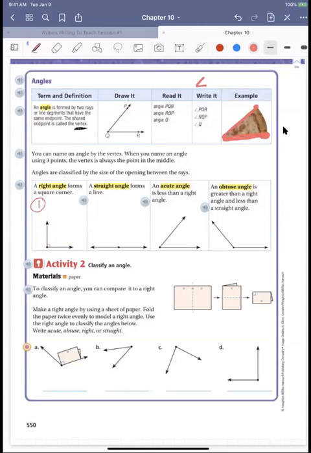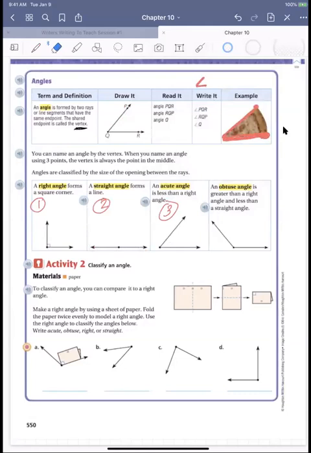Okay? The second one is a straight angle, and that forms a line. So you can see it just goes straight across. Third is an acute angle. An acute angle is less than or smaller than a right angle.